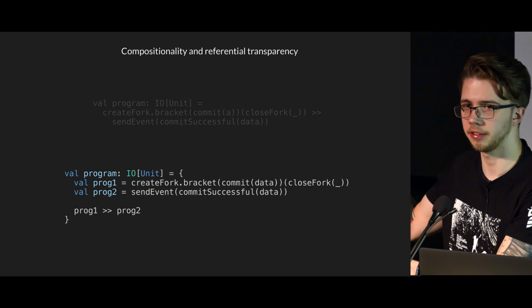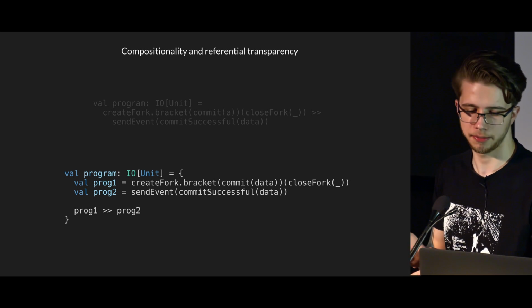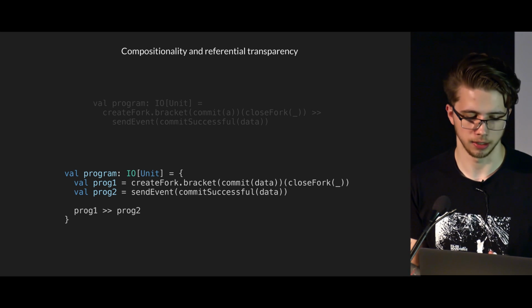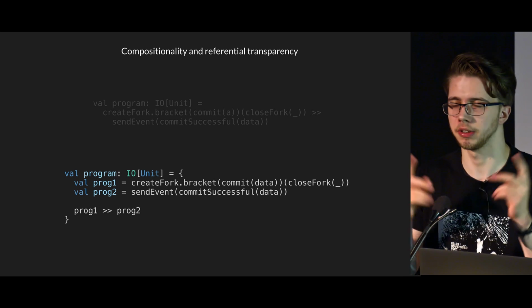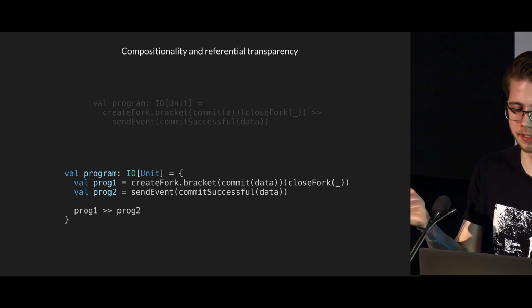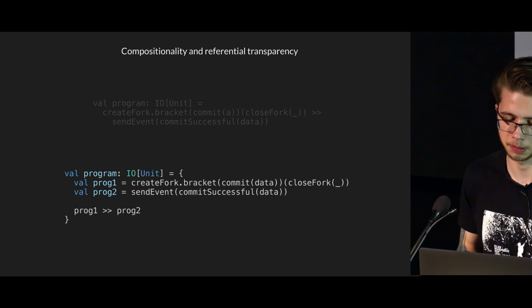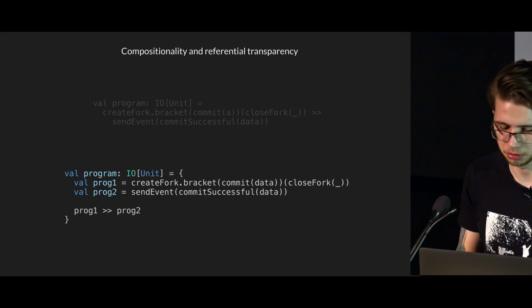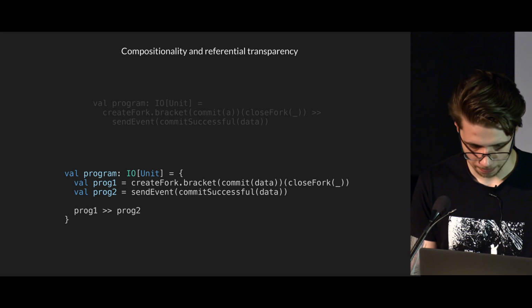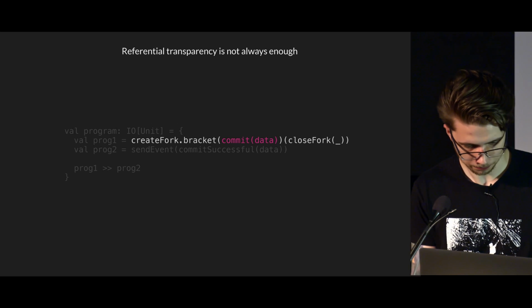And it also allows you to name things that would otherwise be defs without arguments, or with an empty argument list. It doesn't really matter if you use a def or a val if you have referential transparency, unless you're doing recursion. But I want to focus on this part, the bracket.